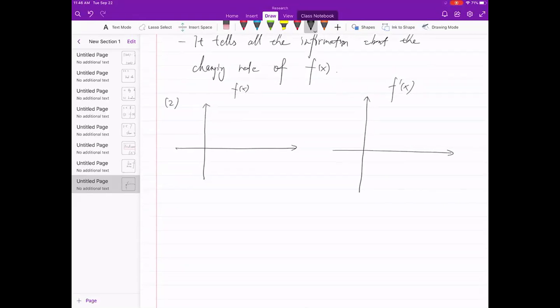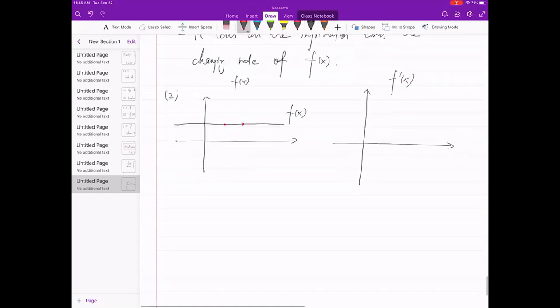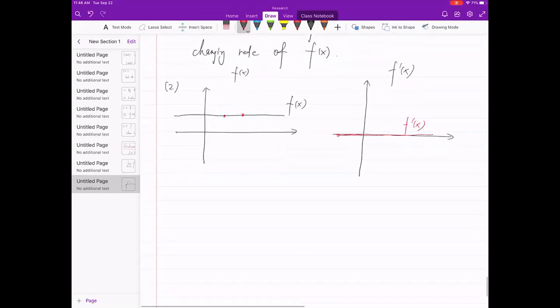First one, if this is f(x), what do you think the graph of f prime x will be? What's the changing rate here? No change, 0. What's the changing rate here? No change, 0. Everywhere, 0. Do you know how to draw that function? Well, it's just 0 everywhere. That's my f prime x. Good.